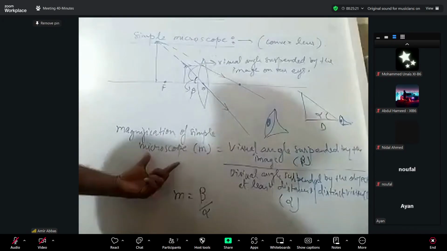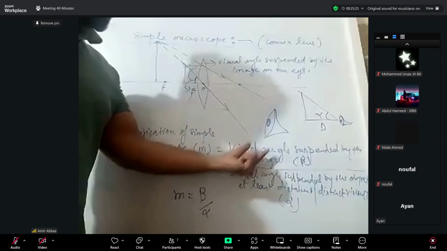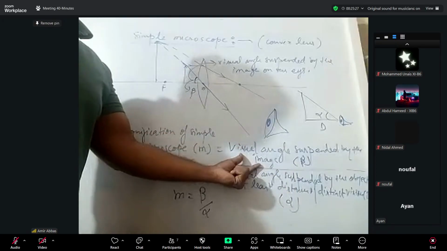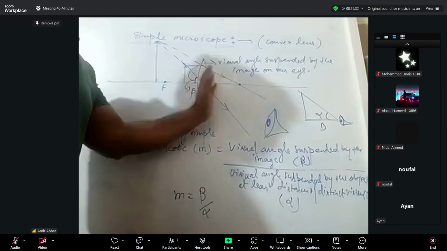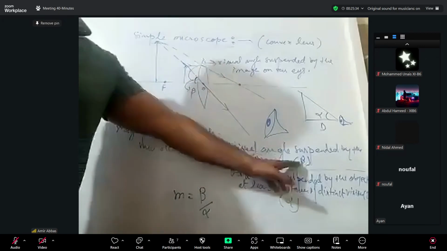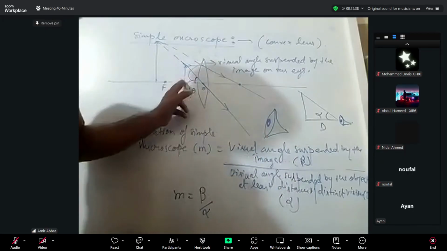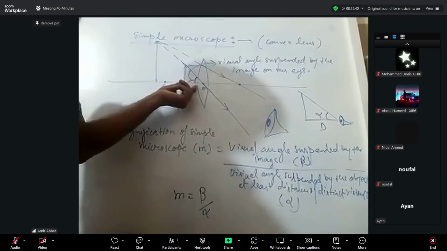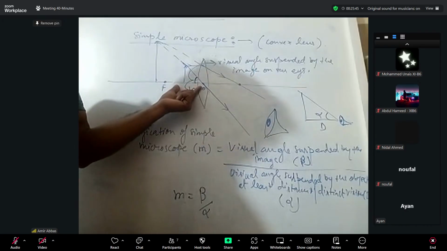Magnification of a simple microscope is basically the ratio of the angle suspended by the image, the image formed through the lens or the microscope, which we call beta. When the object was there, the image is suspending the same angle as the object was suspending at this point over here on the lens.